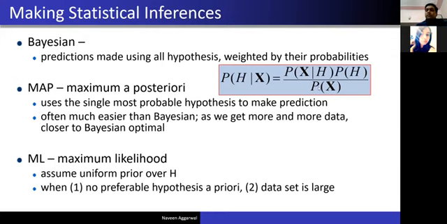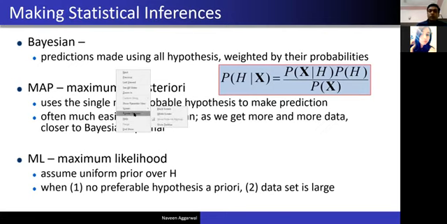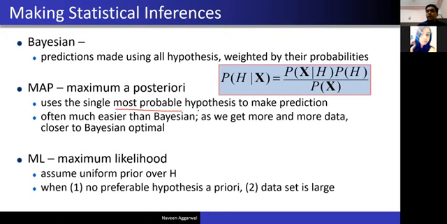If you remember, the denominator part we have ignored, keeping in mind that for every calculation we have to divide by the same denominator. So what we were doing is maximizing a posteriori. Maximizing a posteriori means we are looking, for a particular class, for the single most probable hypothesis that we use to make our prediction.